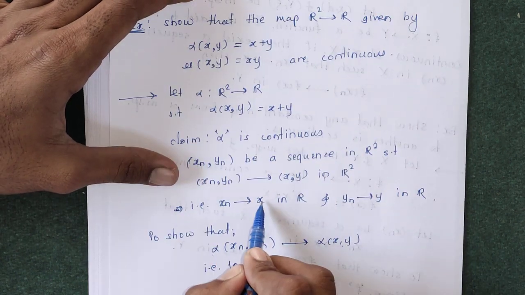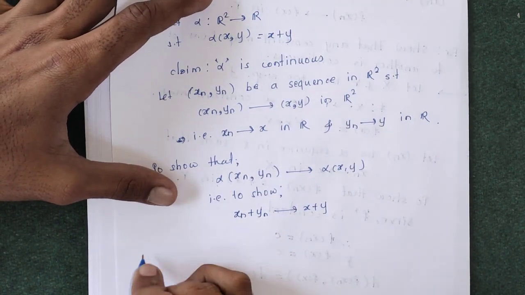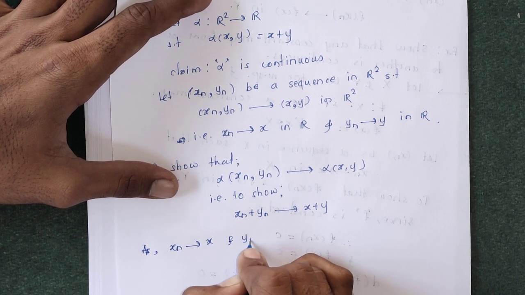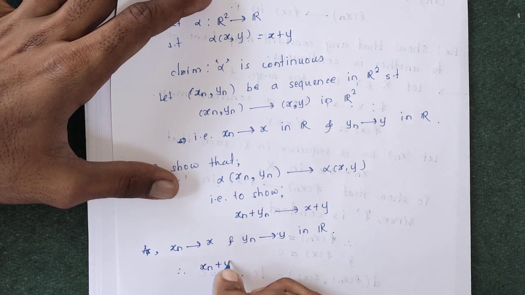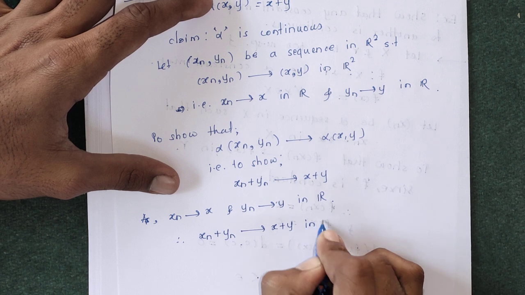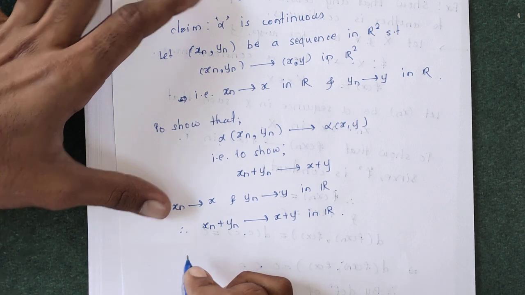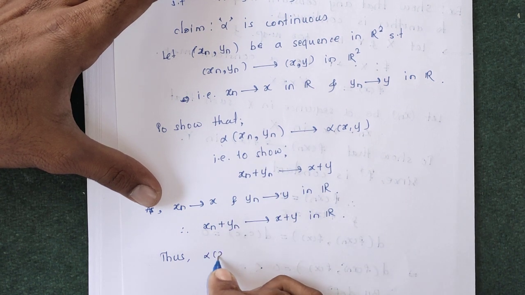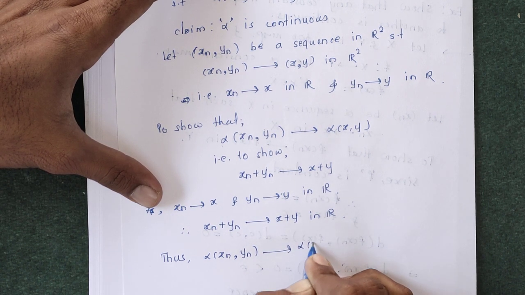Now we have xn converges to x and yn converges to y in R, therefore we can write their addition xn plus yn converges to x plus y in R. So this xn plus yn is the image of alpha of (xn, yn), which converges to the image of (x, y).